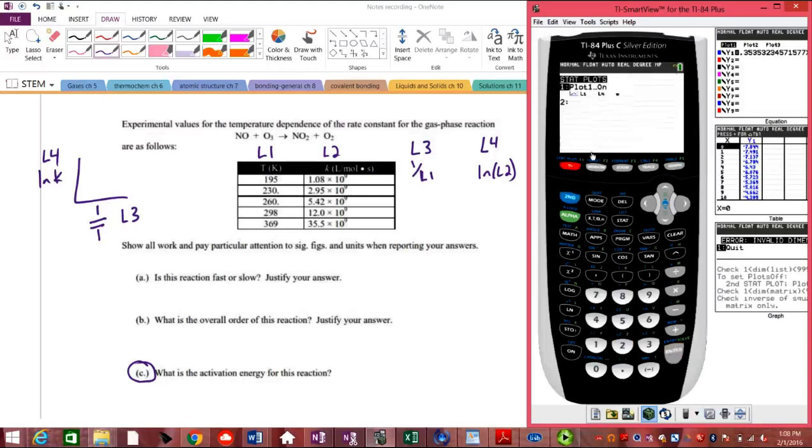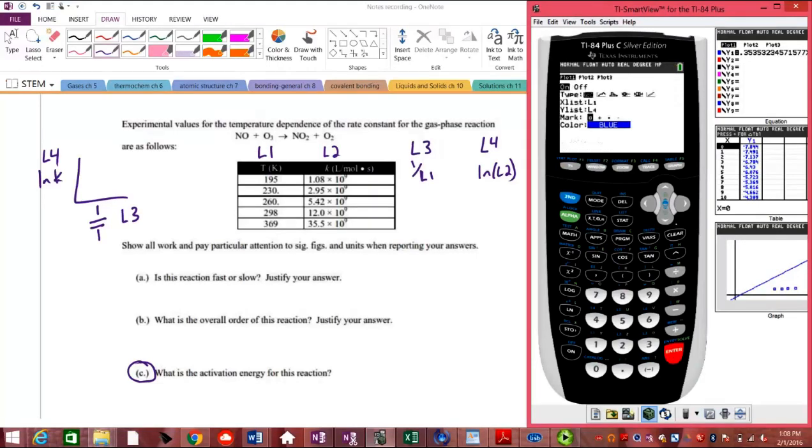Second stat plot. And we want scatter. But remember, we want list 3 to have our X and list 4 to have our Y. If we graph it, my calculator is going to be giving us a line that we don't want.